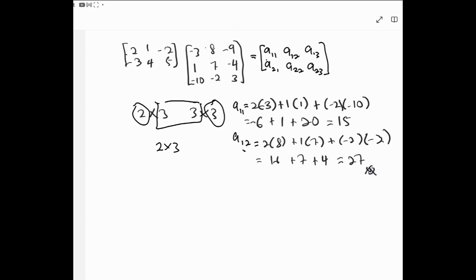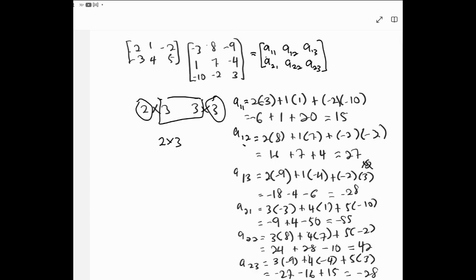Let's do it until A23. Alright, and you can pause the video if you want to cross check. I will just jump to the answer. So this is it. We have A11 till the end, A23. So let's just rewrite it.